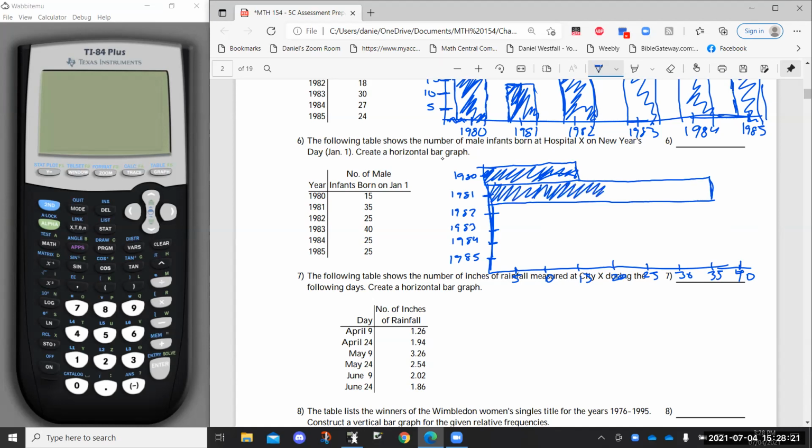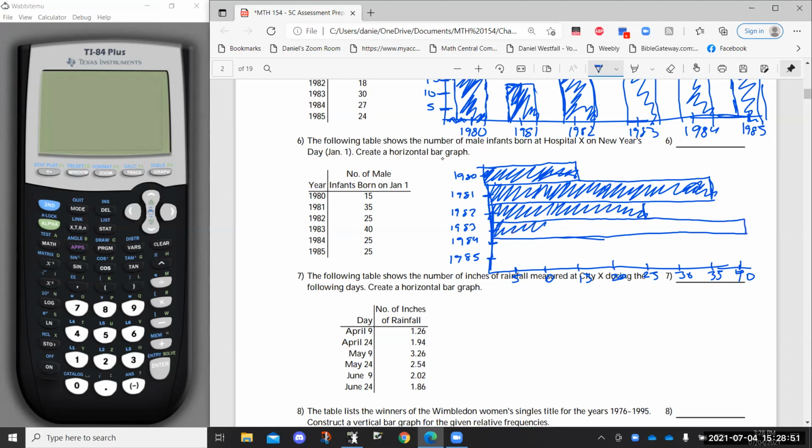You'll be asked to make a histogram later, but I'm just going to turn this bar chart into a histogram just for the sake of, I think it looks cleaner in this case. 25 there. 40, come up to here.